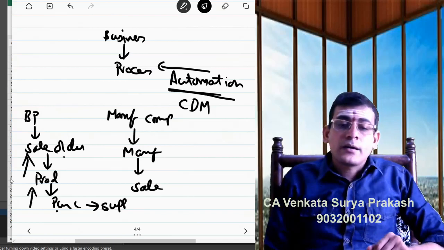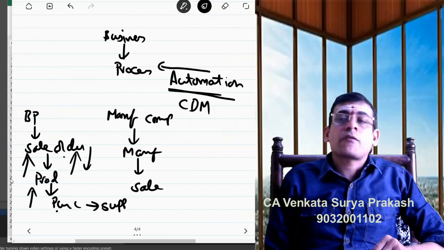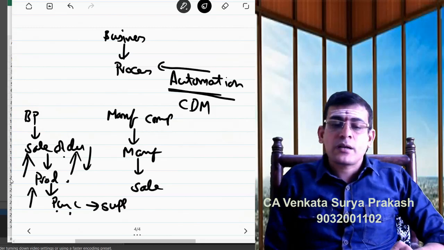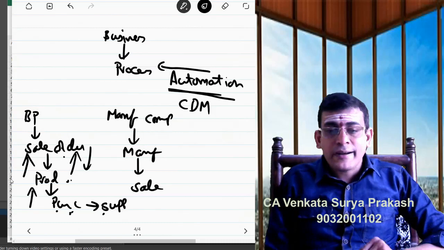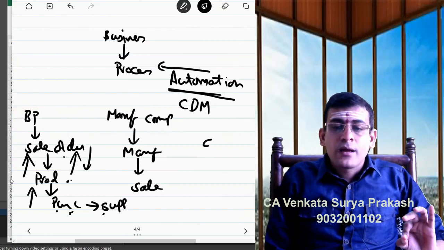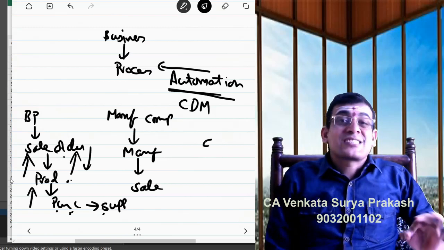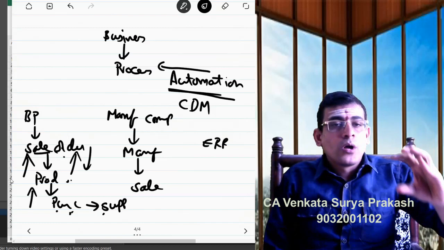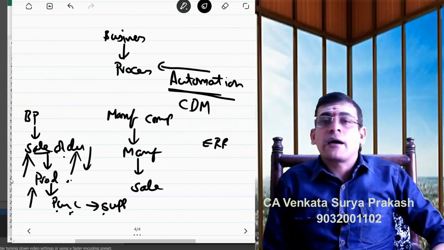Now here there is a lot and lots of manual intervention. The sales department checking with the production department, checking with the purchase department, placing an order with the supplier. So now if I try to do the automation, if I try to have a proper software, a proper ERP, the sales team can know by looking into the system how much stock they have.